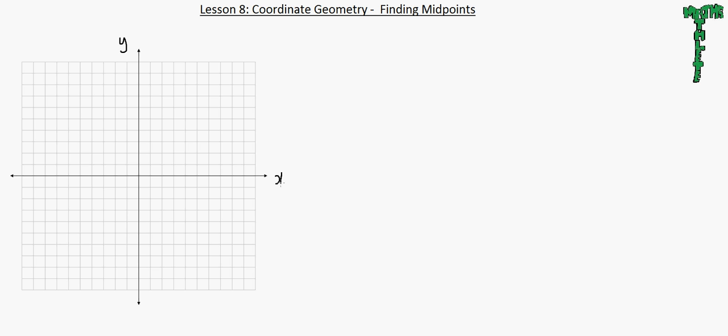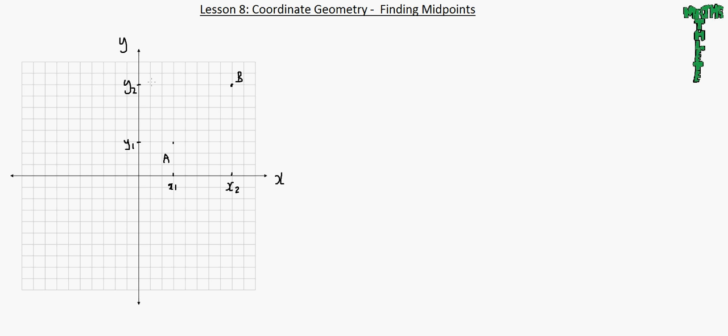So say we're looking at point A and point B. The point here is x1, y1, and this point here is now x2, y2.